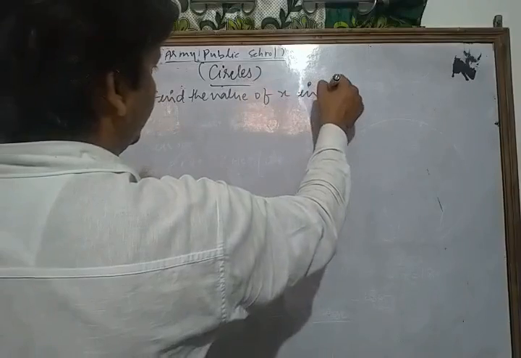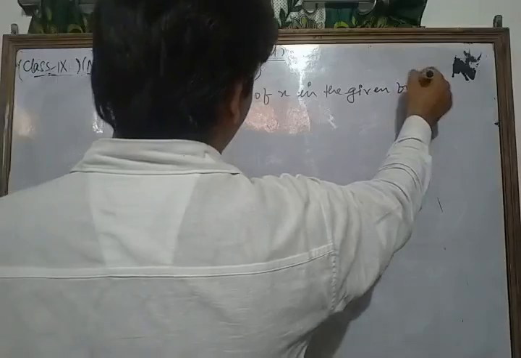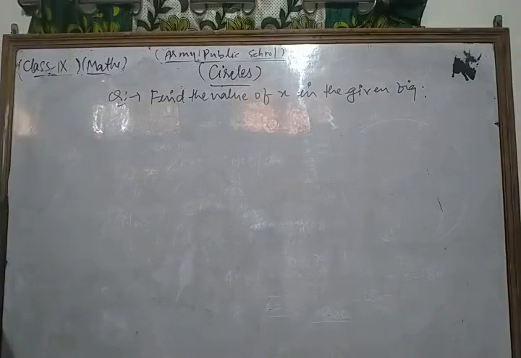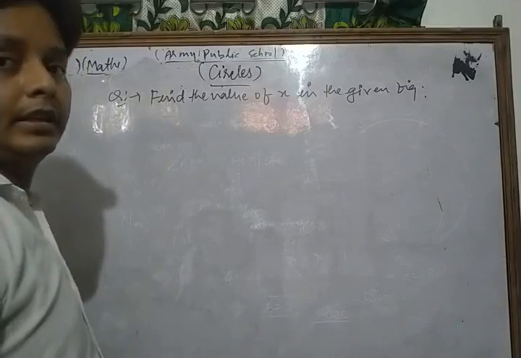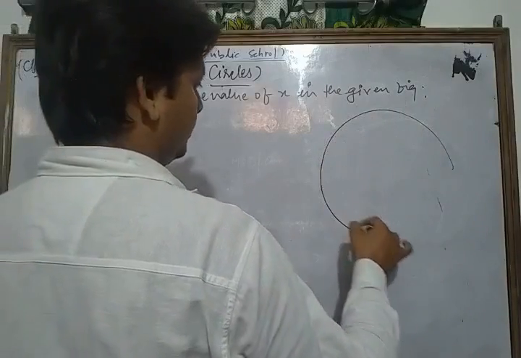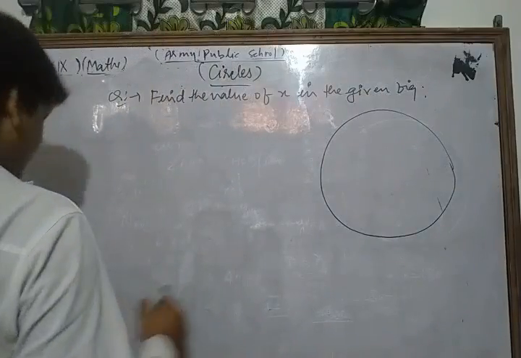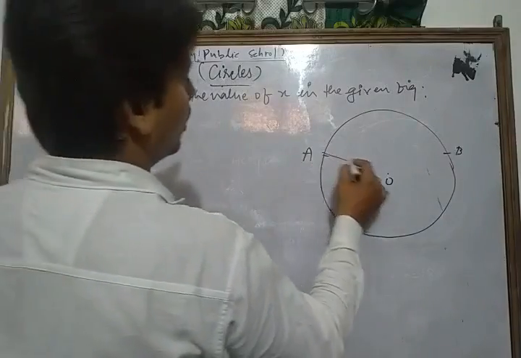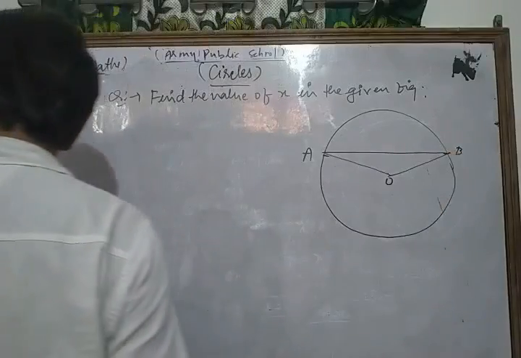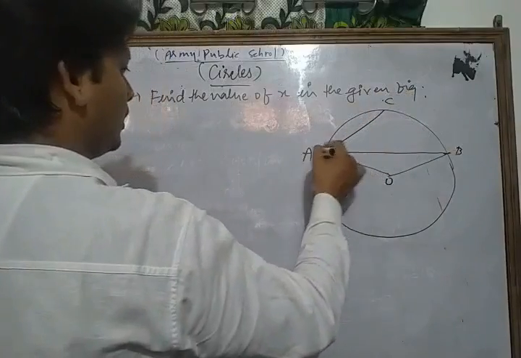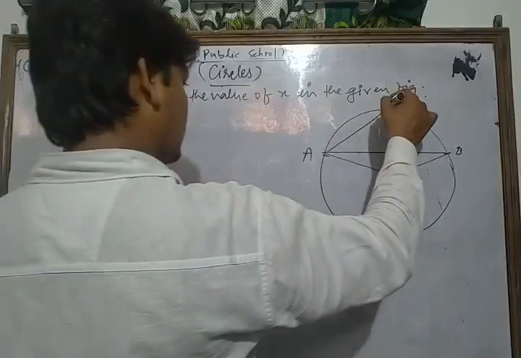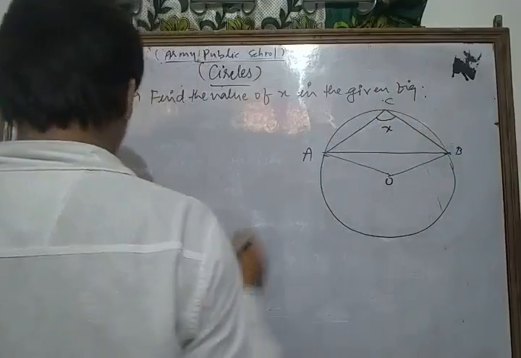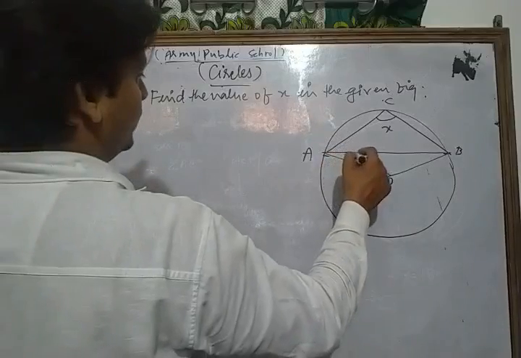Look, your figure is, dear friends, this is a circle, O is the center, this is A, this is B, OA, OB, AB, this is C here, this is the value of X, and this is the value of 35 degrees.